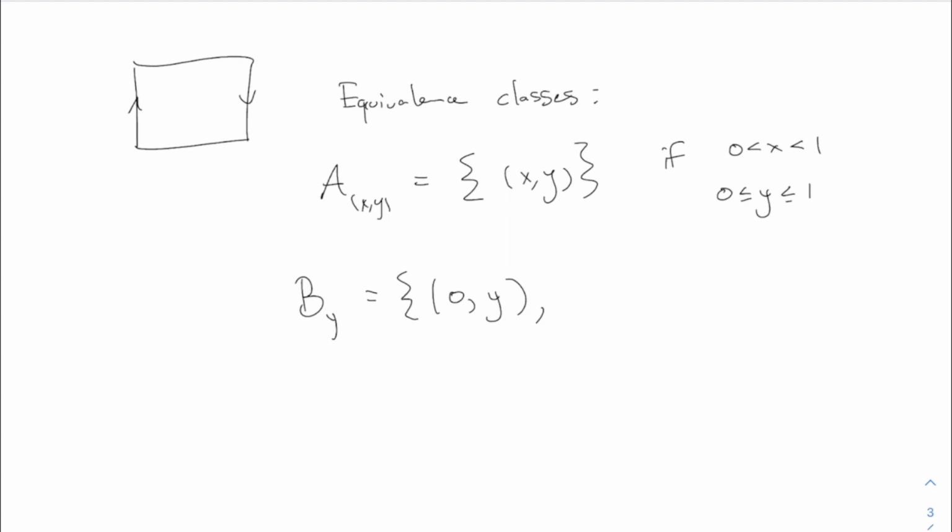Here is 0, y. Down here is 1, y, same y coordinate, right? The same height. Now, you don't actually want to glue it to that point over there. Actually, in this example, I want to glue it to this point up here, right? It's sort of in the same spot, but on the top rather than on the bottom.